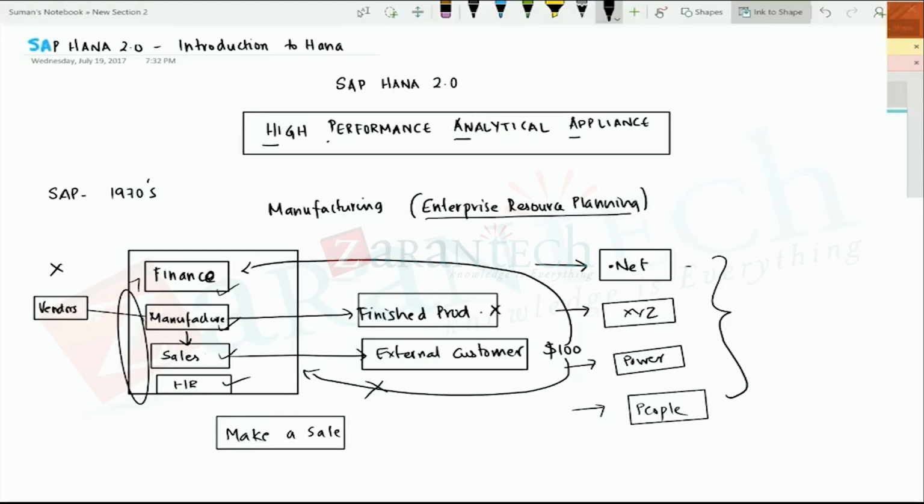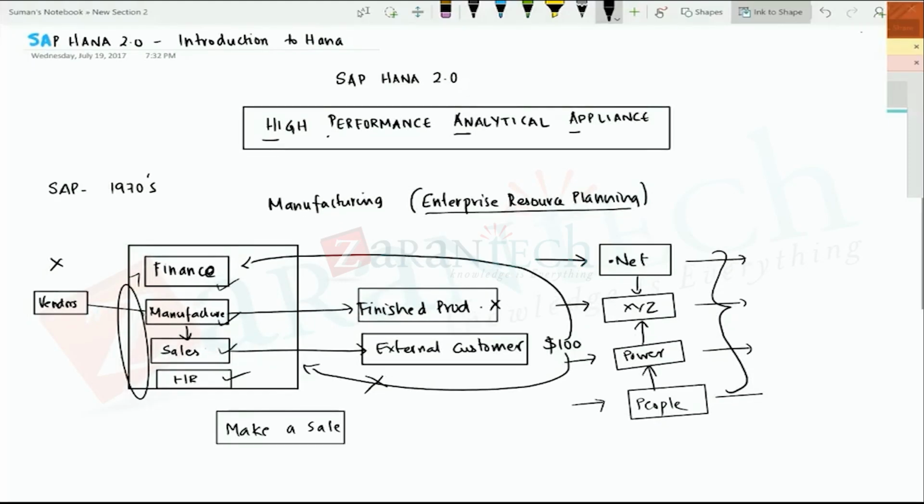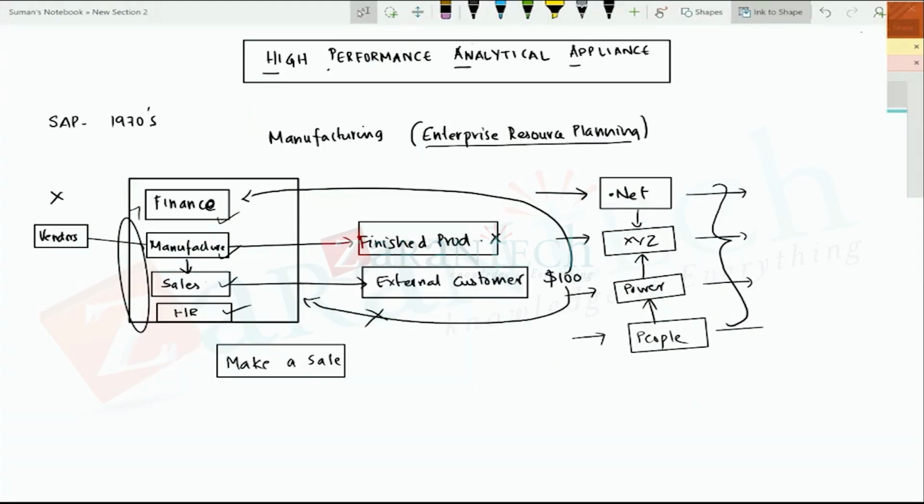But if every single department uses a different technology, the integration between them is going to become a nightmare. This became a huge problem in the early 1970s. Companies understood that the company has to work in integration across all the different departments, but because I'm maintaining separate applications, it's going to be very, very difficult for me.